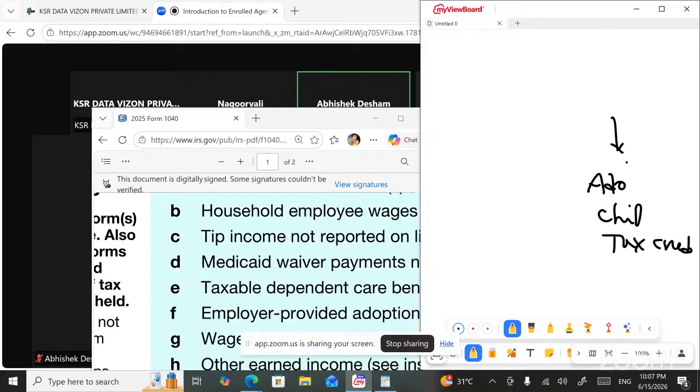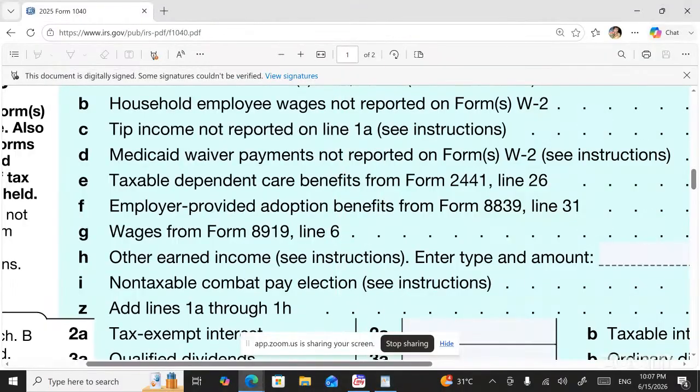So this is another type of benefit, type number 2. Type number 1, the employer benefit given to the employee, is covered at this point. 1F, employer provided adoption benefits. Then we have to attach form number 8839.